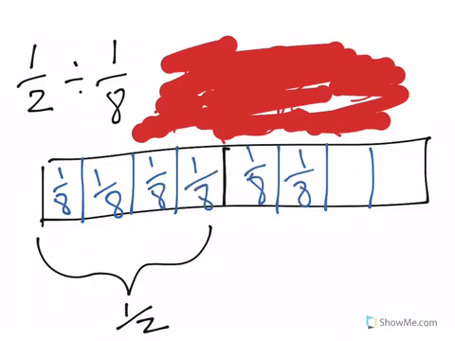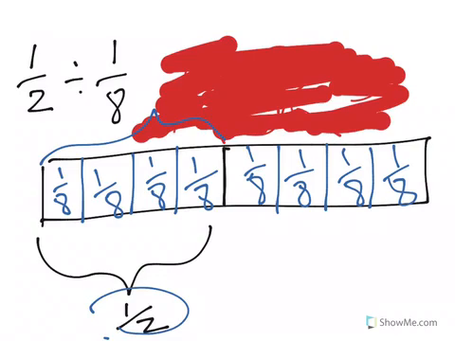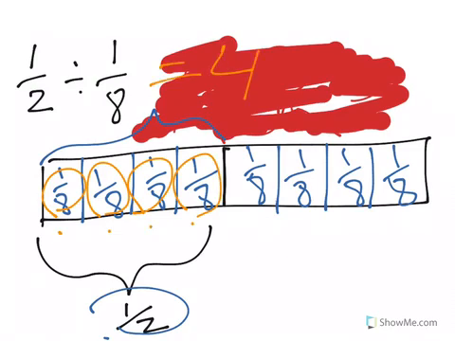And if I look at the whole thing, one whole total, then I would have 8/8. But I'm not looking at that. I'm going to look only at this side, right? Because we're looking at 1/2. Well, if you count, we've got 1/8, 2/8, 3/8, 4/8, right? 1, 2, 3, 4. There are 4 eighths in 1/2.